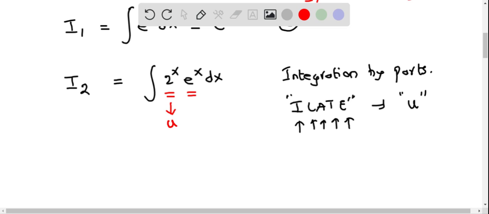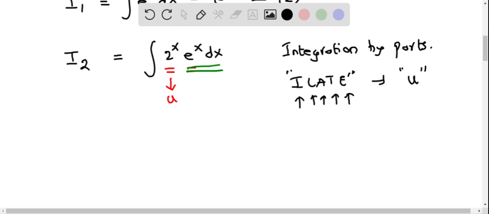So I'm going to consider this as u, and the remaining part, that is e power x dx, as dv. So let me do it. Before that, let me write down the integration by parts formula. The formula is integral of u dv equals uv minus integral of v du.